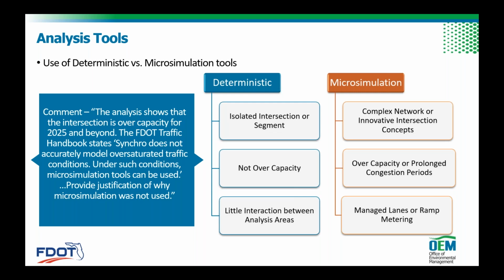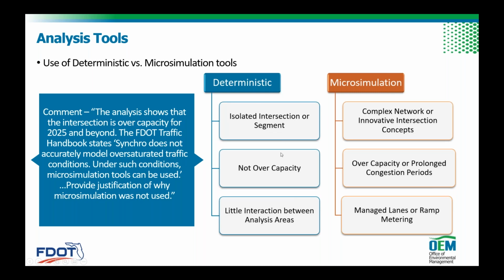And once again, because documentation is so important, the engineer should provide justification on why microsimulation was not used. So that goes back to just the documentation. This comment is not saying it must be used, it's just that Synchro is not the most accurate model for oversaturated conditions.